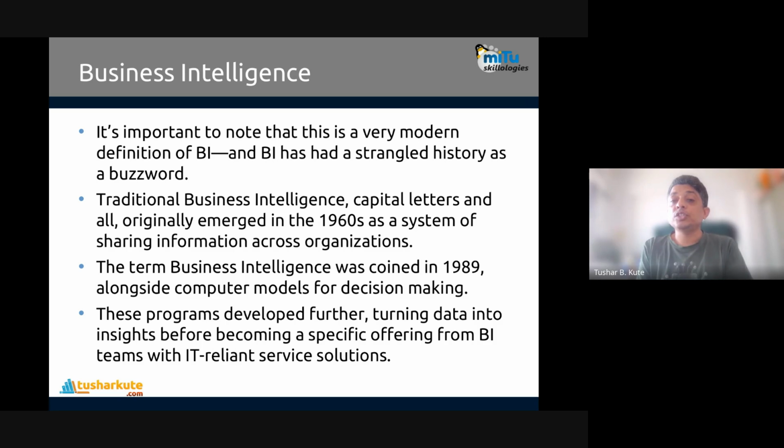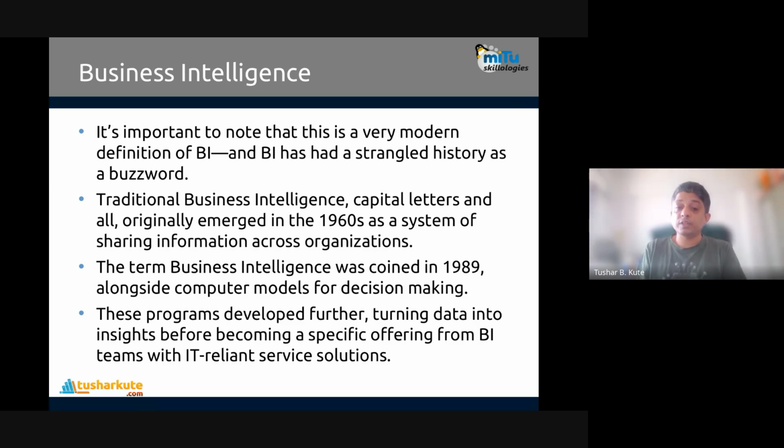Just like in terms of growth, if something is growing, how do I know about it? Because we collect the data and find a growth trend. So definitely it is required, and this term was coined in 1989 alongside computer models for making business decisions.